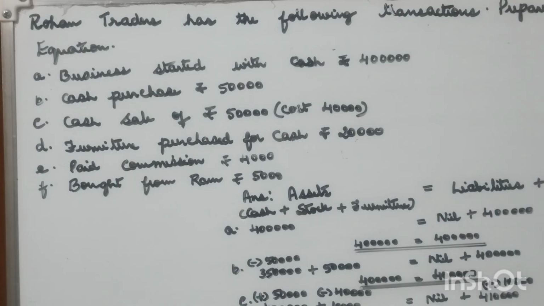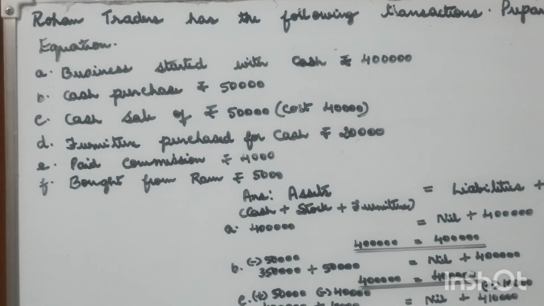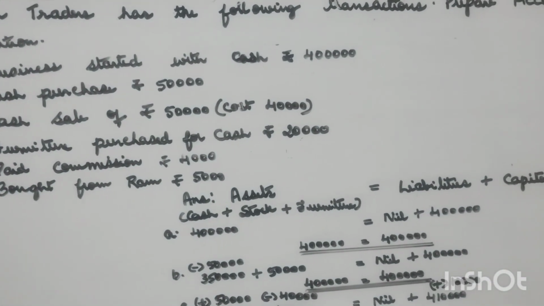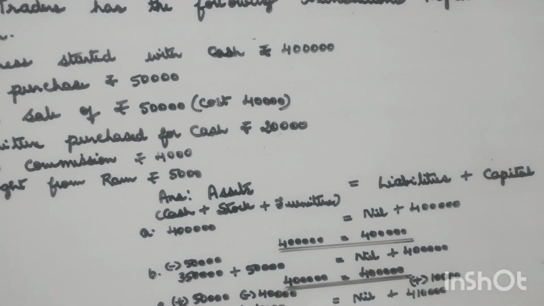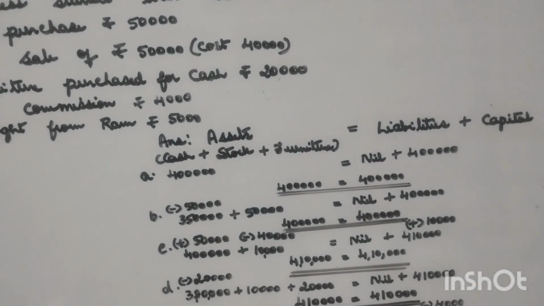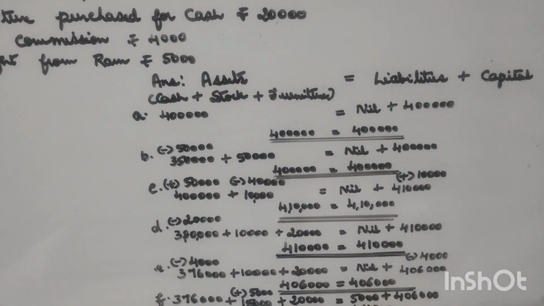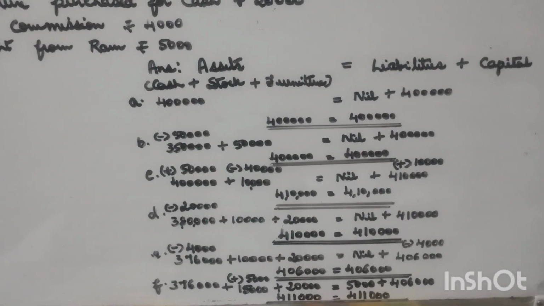E, paid commission, 4,000. F, bought from Ram, rupees 5,000. So these are the transactions. Based on these transactions, we need to equalize assets is equal to liabilities plus capital. So this is the solution.